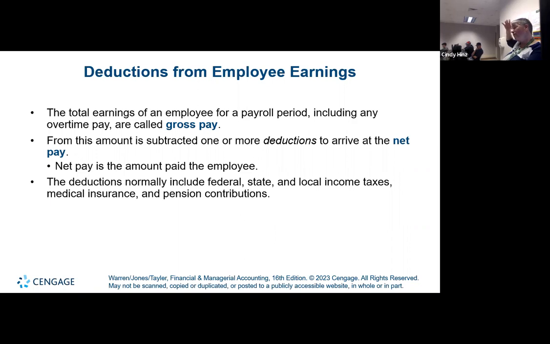So others that you might be subject to in New York State include paid family leave, disability. If you are represented by a union in your workplace, you might see union dues or fees being subtracted from your paycheck. You might voluntarily have additional money taken out of your paycheck for, say, charitable contributions to United Way, or here at JCC, we have the option of donating to the JCC Foundation.